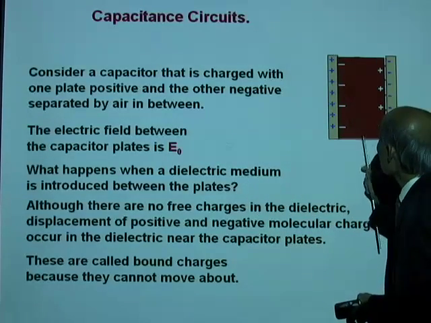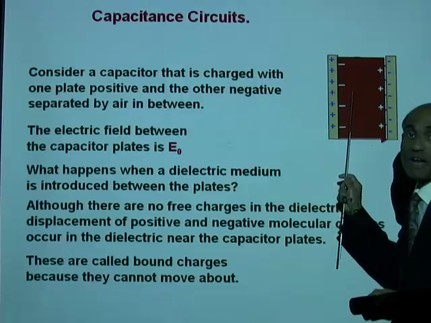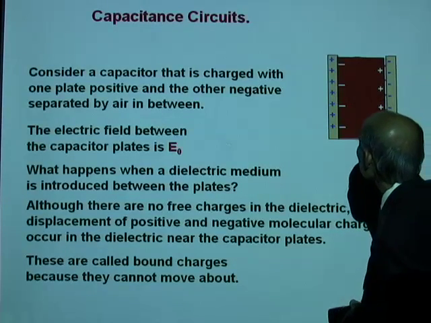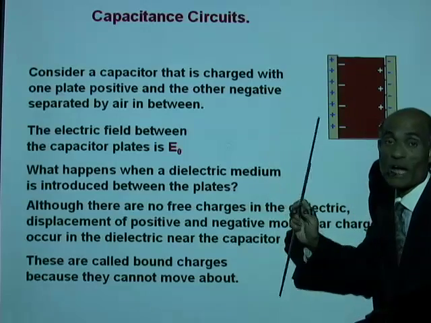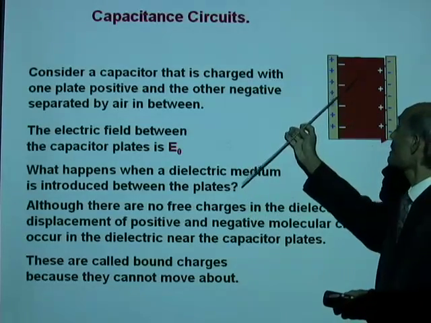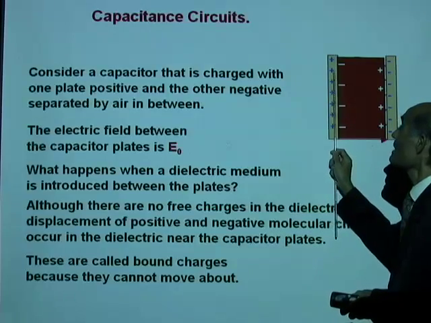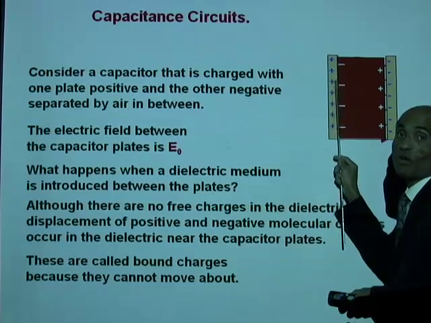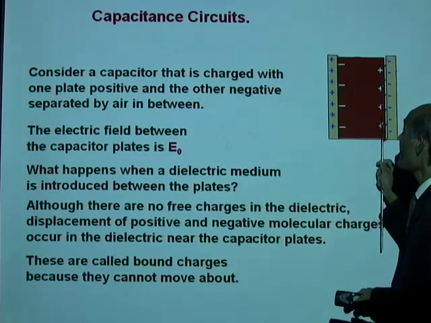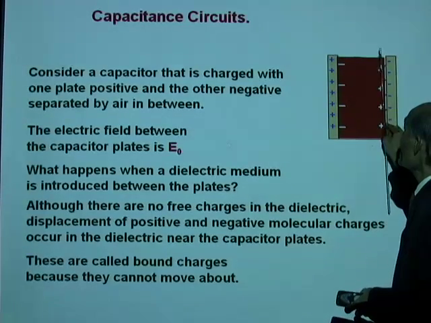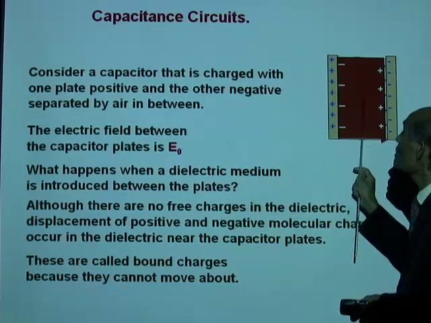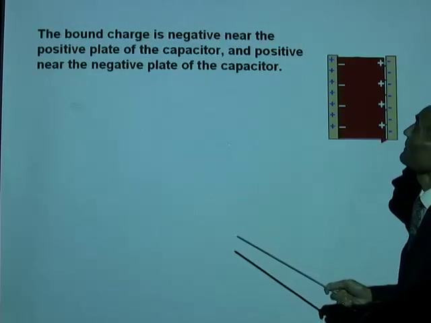These bound charges are now going to produce an electric field directed in the opposite direction to that of E0. Remember, before the dielectric is placed there, the electric field was from the positive plate to the negative plate. When the dielectric is introduced, these bound charges produce an electric field in the opposite direction.